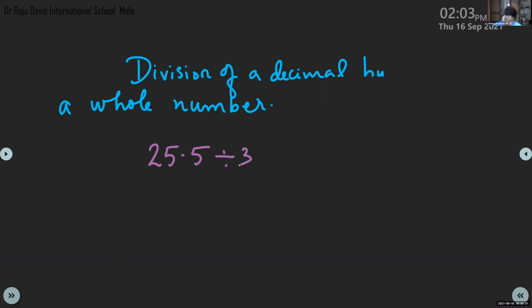We will get 85. So see, the number of digits is less.